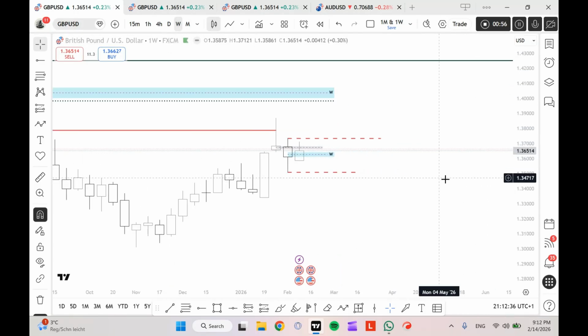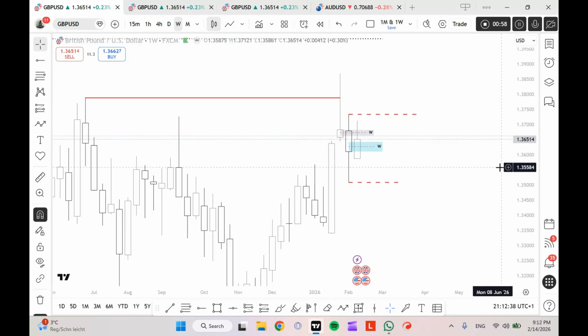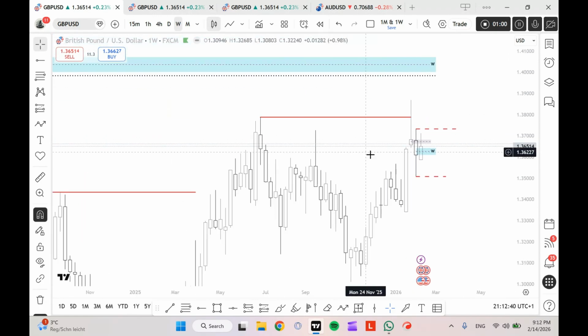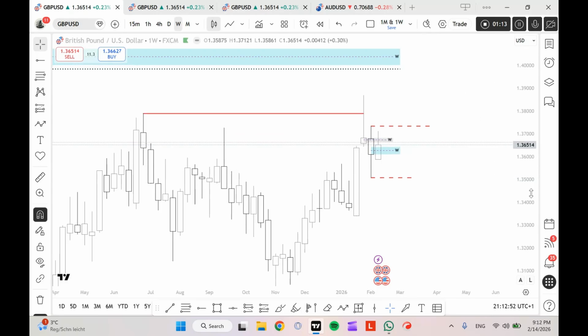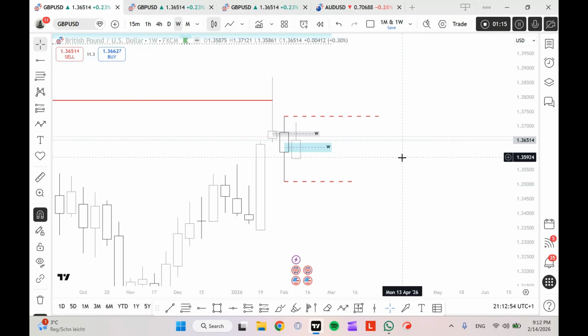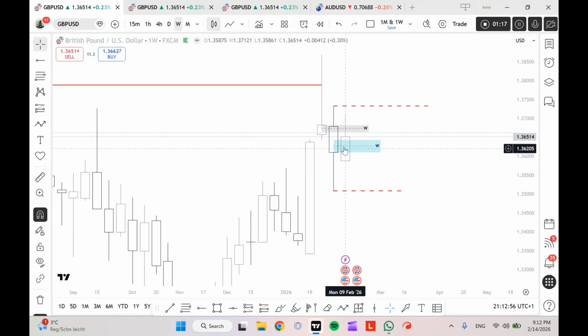Then zooming in on weekly, I see that after this liquidity run, there has been some big rejection and also a change of character. Even if this candle closed bullish, there was no liquidity taken.